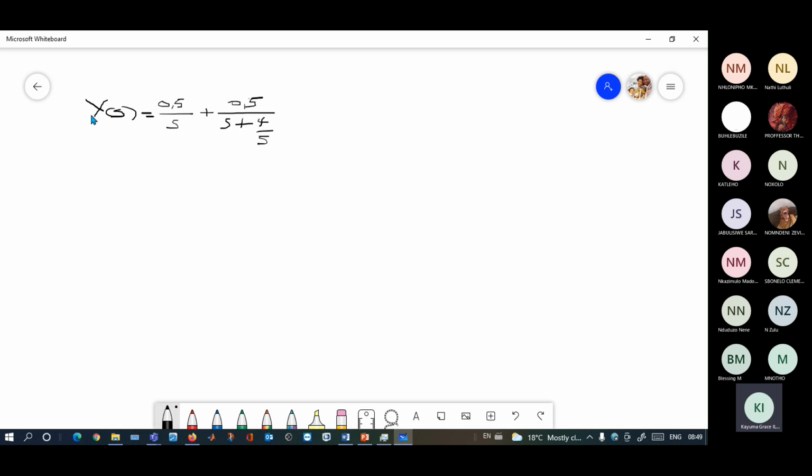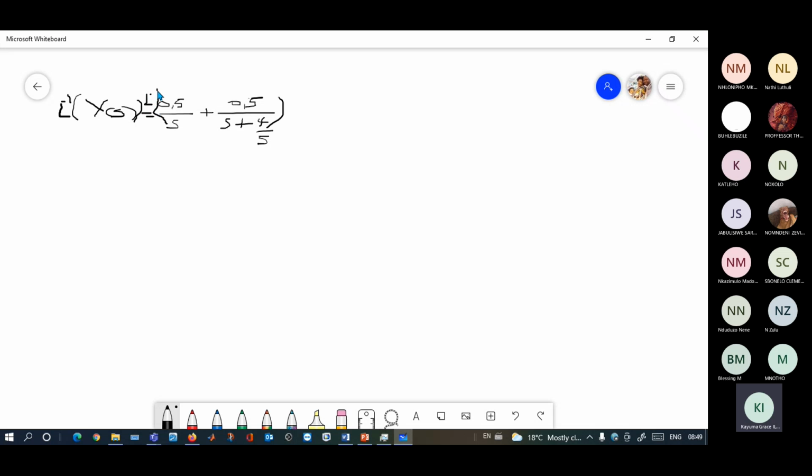So now what's remaining, we have our partial fraction. We have found the values of k1 and k2. Now we can just apply the inverse Laplace transform to our problem.